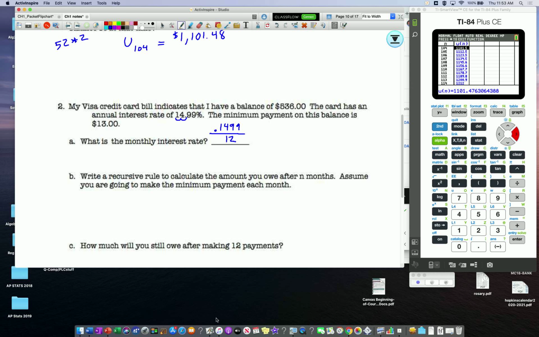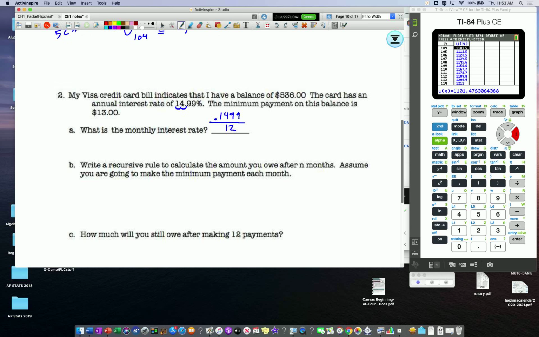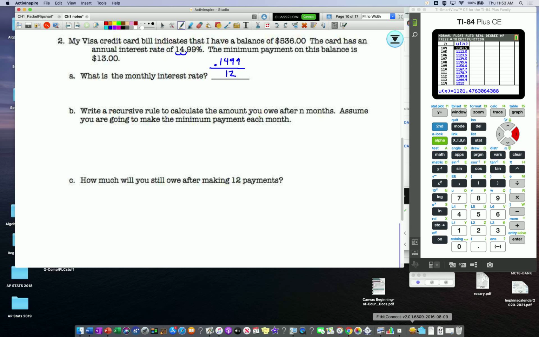Okay? So now, number 2 says, write a recursive rule to calculate the amount you owe after n months. So we start U sub n, I'm sorry, not U sub n, U sub 0. So U sub 0 is the starting amount. That's my balance. So I owe $536.